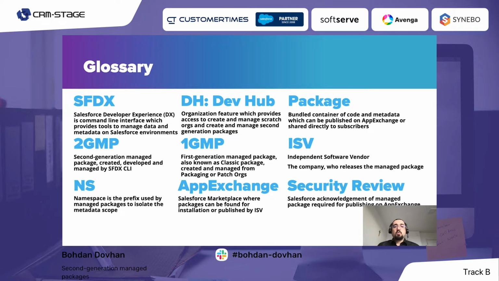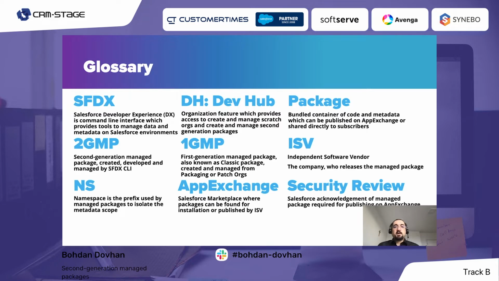What is 1GMP? 1GMP stands for First Generation Managed Package, which are also known as classic packages, which are created and managed from packaging or patch orgs. What is ISV? ISV stands for Independent Software Vendor. This is the company who releases and maintains, supports, and provides upgrades to a managed package.